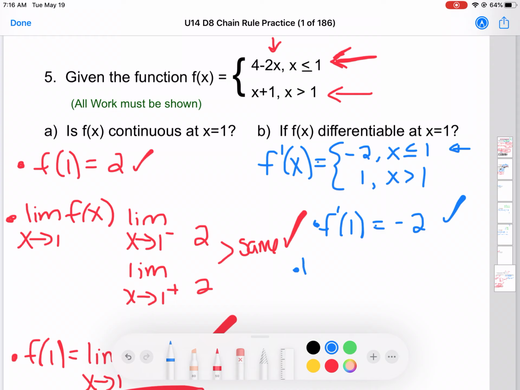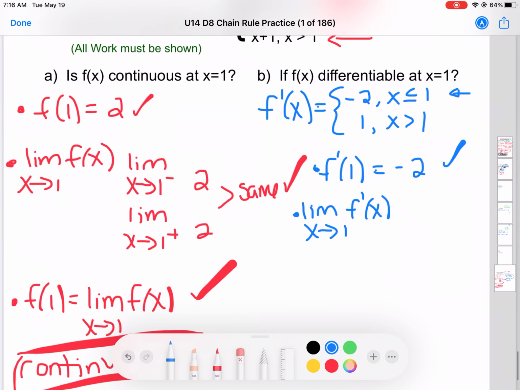Now we'll do the limit as x approaches 1 for the derivative. We have to approach again from both sides. But we can clearly see now, so I'm just going to use a different pen. If we do this piece right here, the limit as x approaches 1 from the left, a little bit smaller, we're going to get an answer of -2. And then as we approach 1 from the right, a little bit bigger, we're going to get 1.